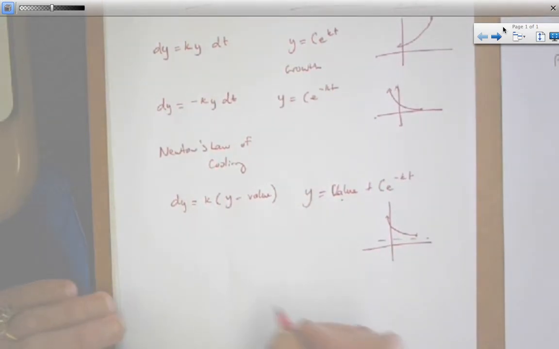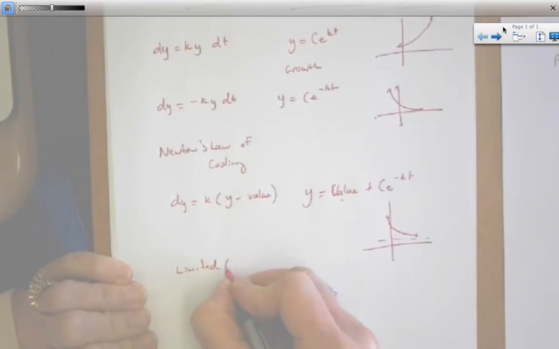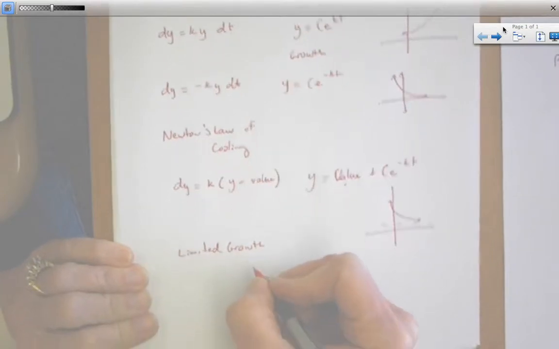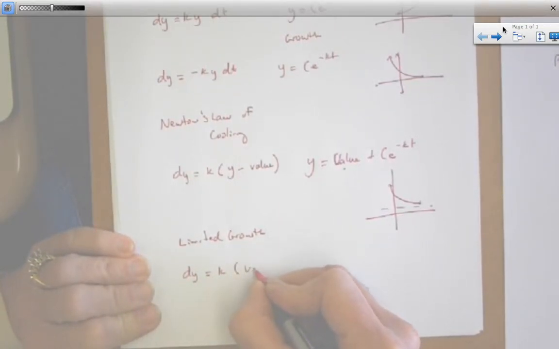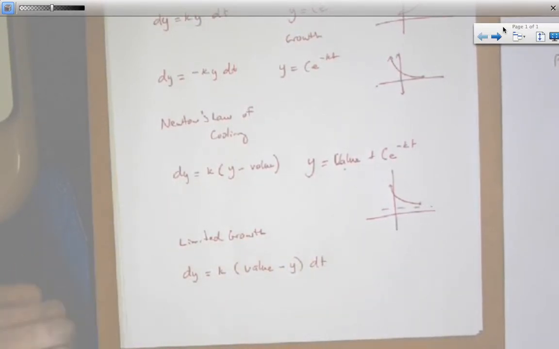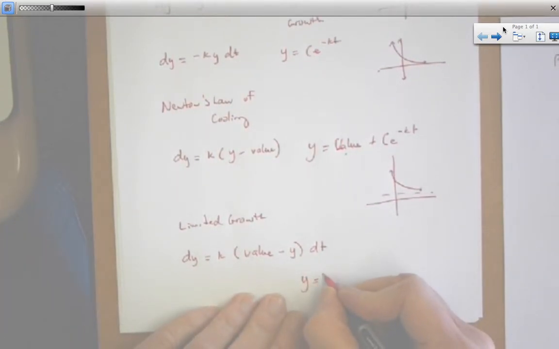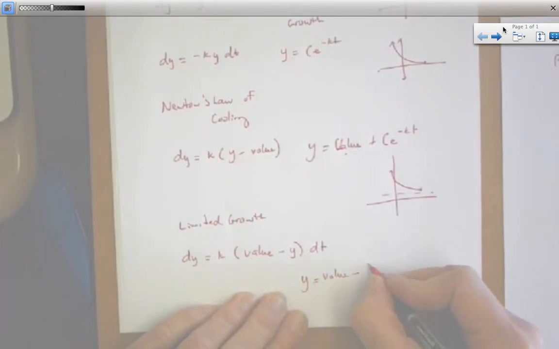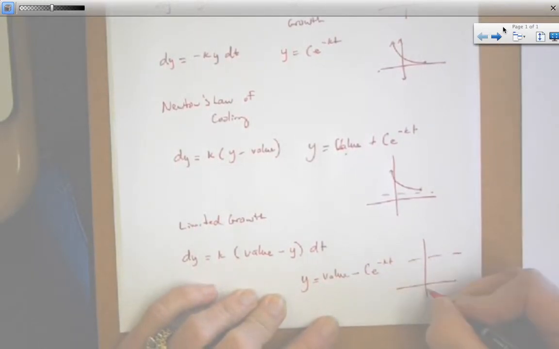The next model we look at is going to be limited growth. Limited growth was dy over dt equals k times (value minus y), just in the other form. Its solution is always going to be y equals value minus c e to the negative kt, and its graph is going to look like this.